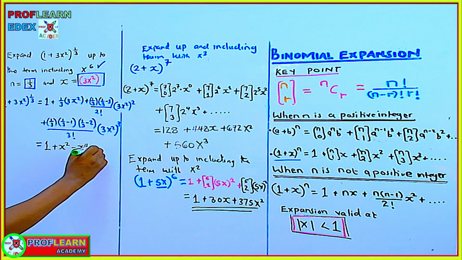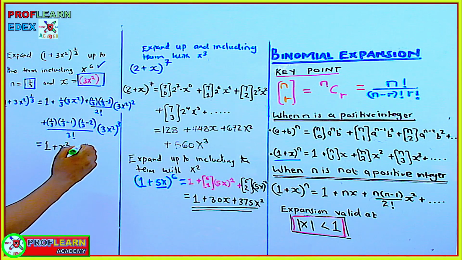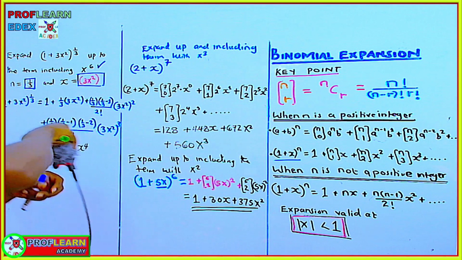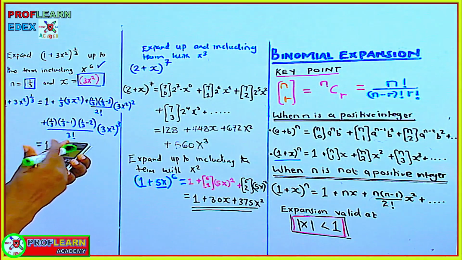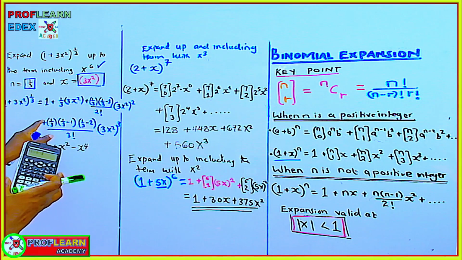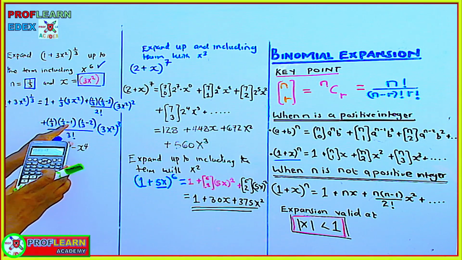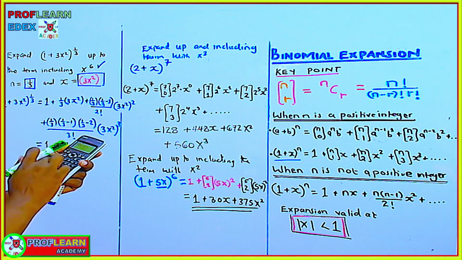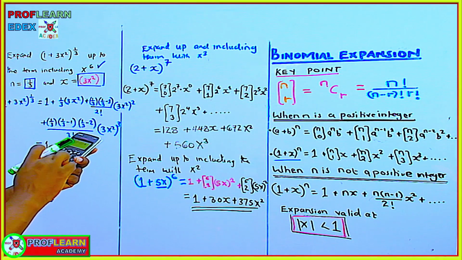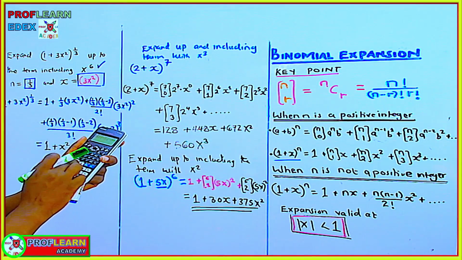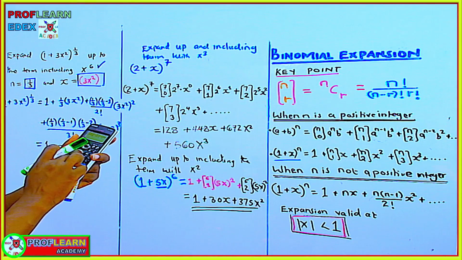And then I'm going to work out the next term here. Let's see what the next term will be. I'll have to put 1 over 3 times 1 over 3 minus 1, again times 1 over 3 minus 2, close the bracket, this one, then this 3 raised to power 3 should be there, times 3 raised to power 3.